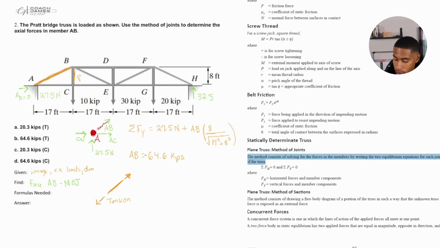Right. Now, the way I assumed was that it was stretching outwards. That's why I assumed my X value and my Y value were going upwards, right? And I assumed it was going outwards to the right and upwards.